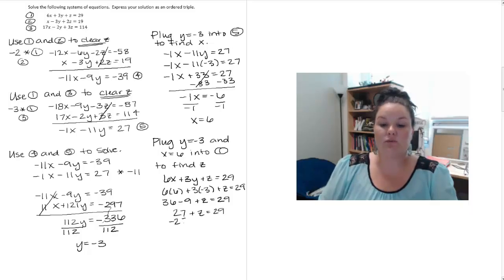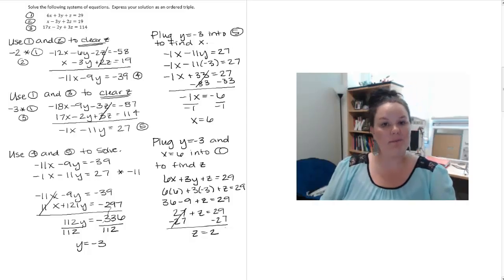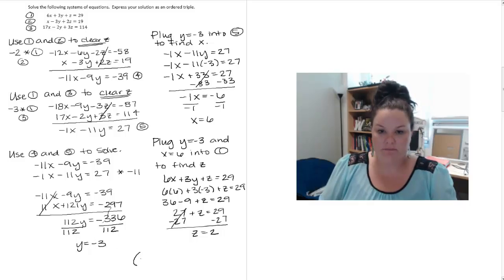And then I move my 27 to the other side, which means that z is equal to 2. So once I know what x, y, and z are, I always write my answer as an ordered triple. So this will give me 6, -3, 2 as my solution.